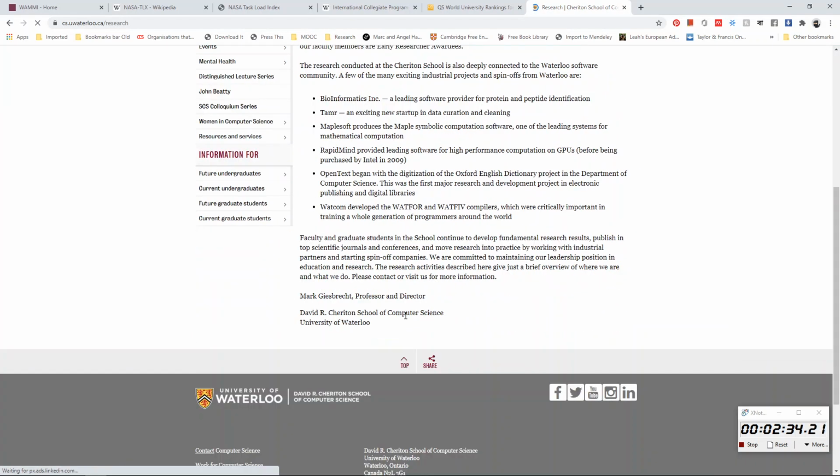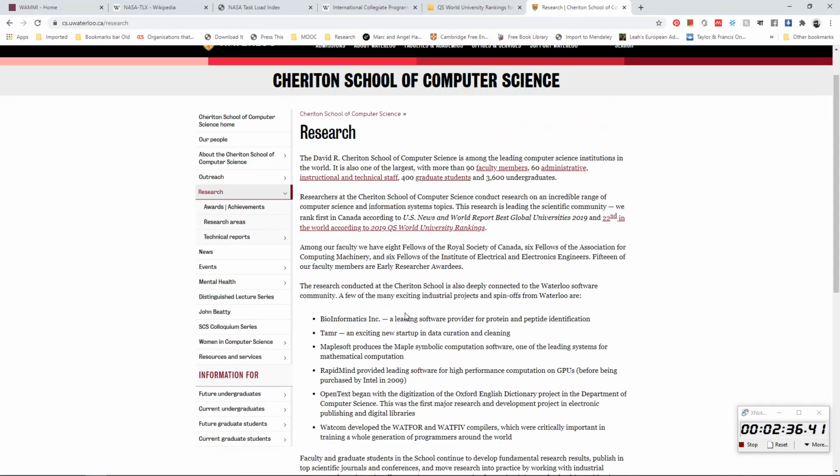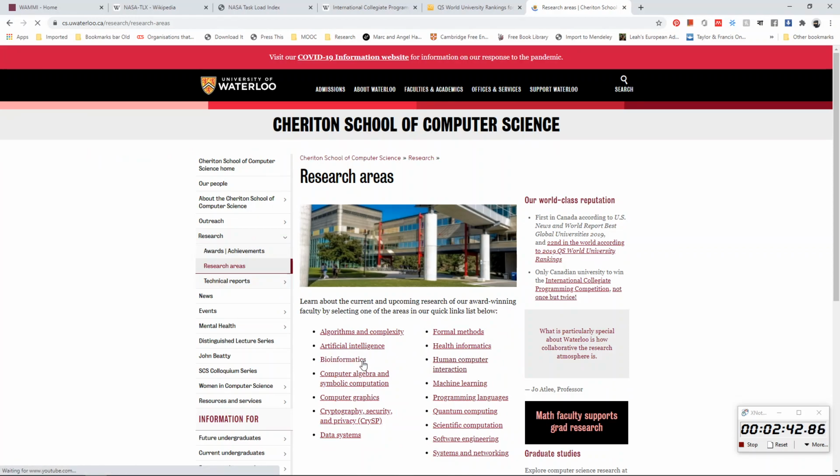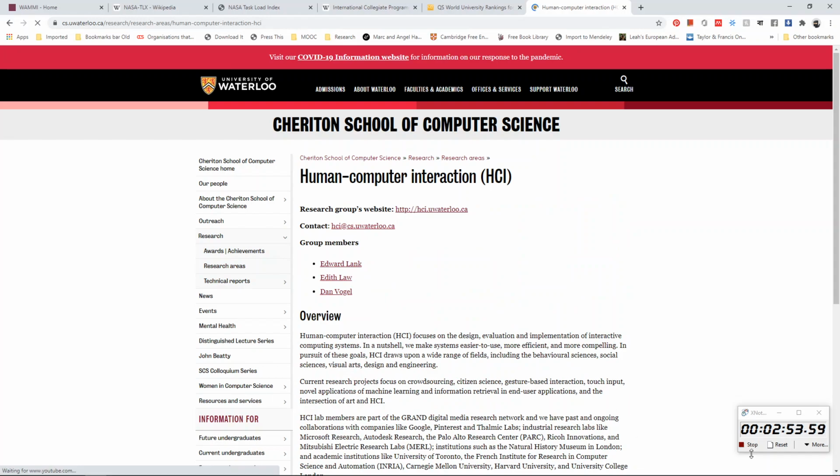Hmm, okay, they don't have anything here regarding HCI. Research areas. Okay, under the research we have research areas. Now we have algorithms, AI, data systems. I got it. Human computer interaction. Let's go to that page. Yes.